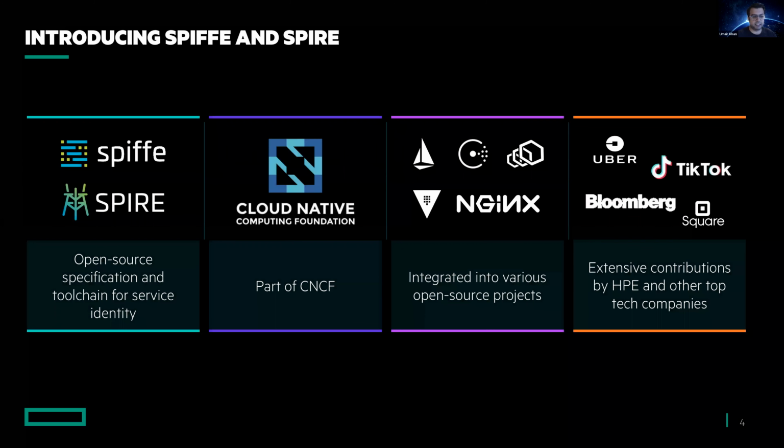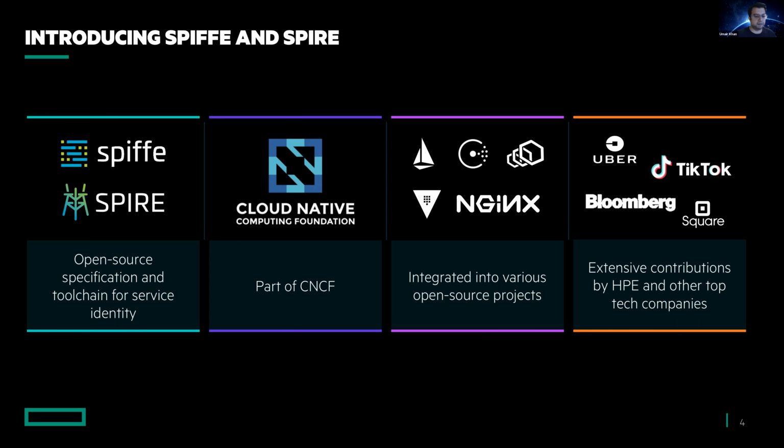Just to give you a quick recap, SPIFFE and SPIRE are part of CNCF. HP is one of the contributors. There are other vendors, enterprise organizations, and cloud native organizations that are all contributing and adopting code to the projects. I hope some of the organizations include folks on this call as well.